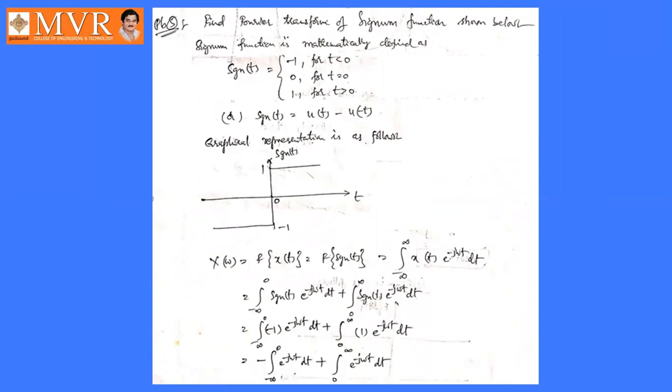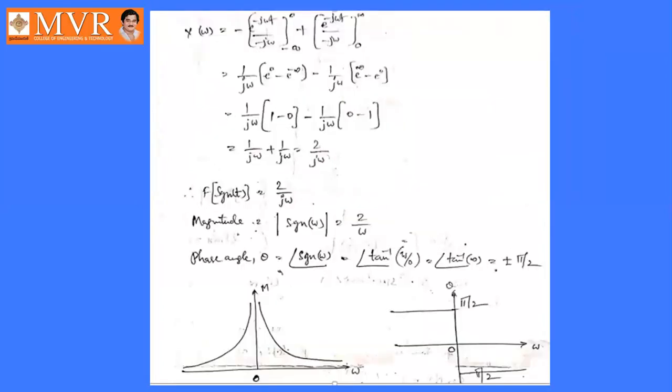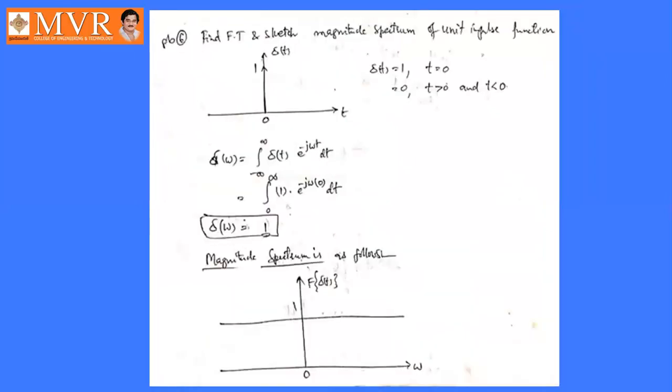Or we can define signum of t in terms of unit step functions as u of t minus u of minus t. u of t is the unit step function, and u of minus t is its mirror image, so it will be an inverted version. By adding these two, we will get the signum function. Okay, so we get the expression 2 by j omega, and after that we will draw the magnitude and phase spectrums.